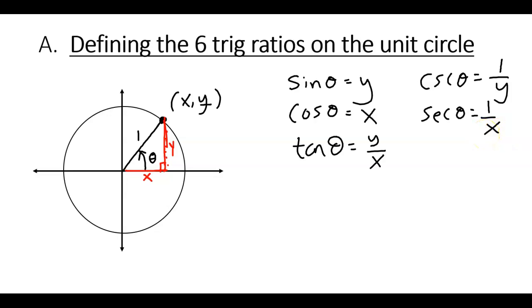And finally, if tangent of theta is y over x, then cotangent of theta will be x over y. It's just the reciprocal. That's all there is to it. So sine is the y value. Cosine gives me the x value. Tangent is y over x. And then these ones are the reciprocals of those three. So these are the definitions of the 6 trig ratios on the unit circle for the angles that we have here. All right. So basically, we can get all 6 of these from the coordinates on the unit circle.